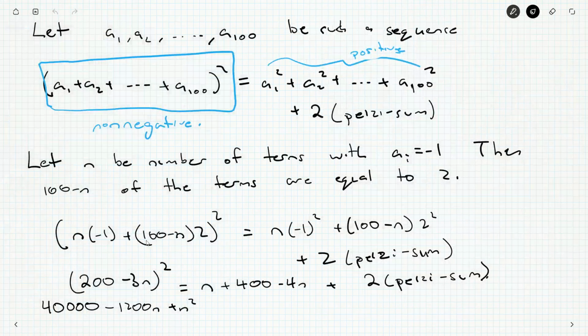And because of that, I just want to double check. Minus n minus 2n, so it's 200 minus 3n, it really is. This isn't n squared, it's 9n. Not that that especially helps us, but it's 9n squared. And 400 minus 4n, and then regular n, so 400 minus 3n.